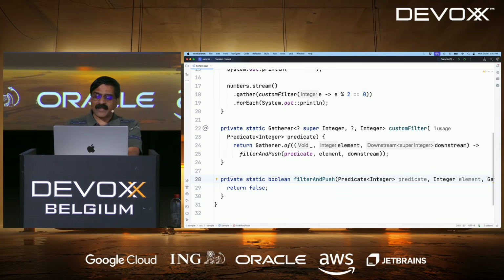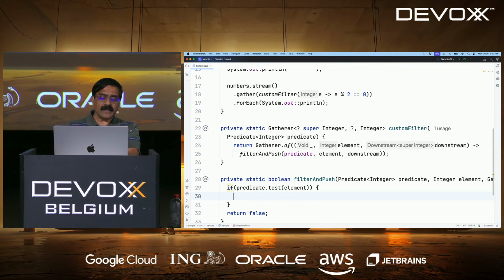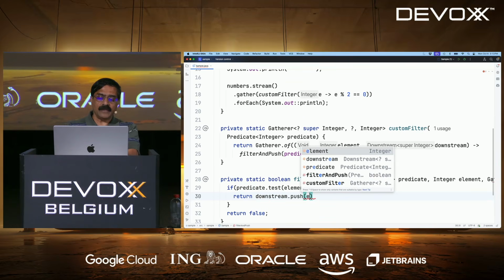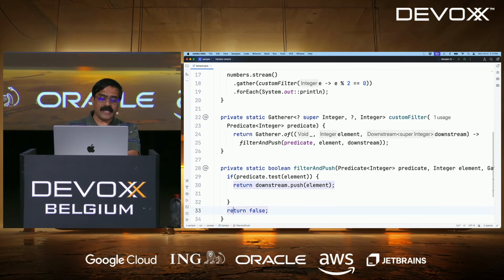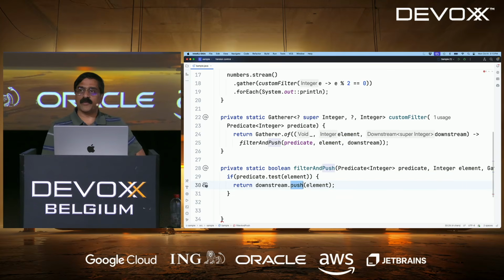So here I can say, if the predicate dot test on the element is true, then I'm going to return downstream push the element. So you can see how we are saying if this element is acceptable, go ahead and push it downstream.